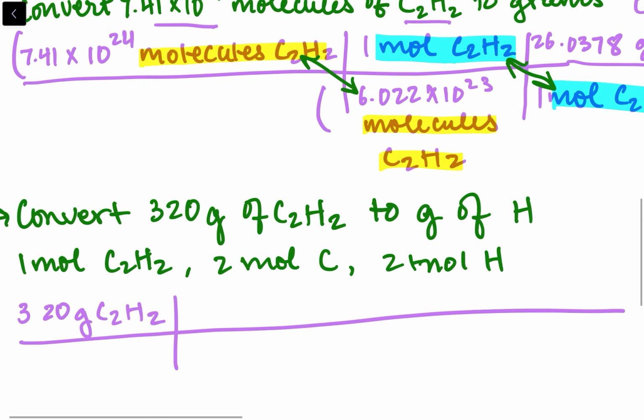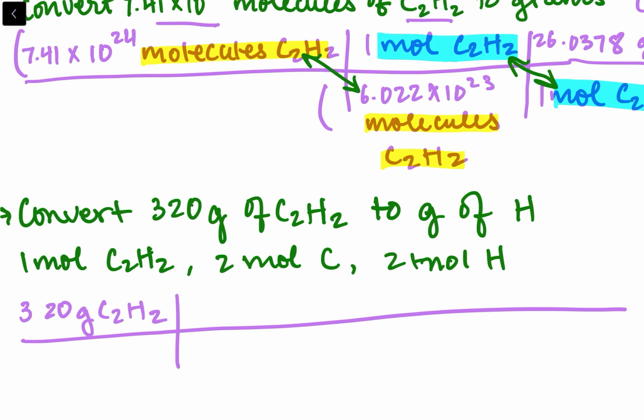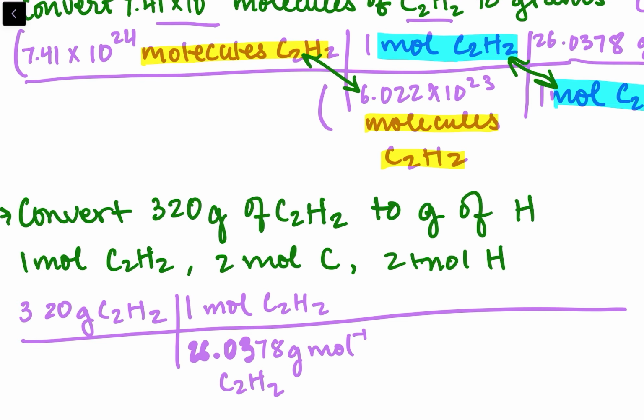And what was the molar mass, once again, from our previous question, is 26.0378 grams per mole of C2H2. What is molar mass? It is the amount of grams per mole, just like that.